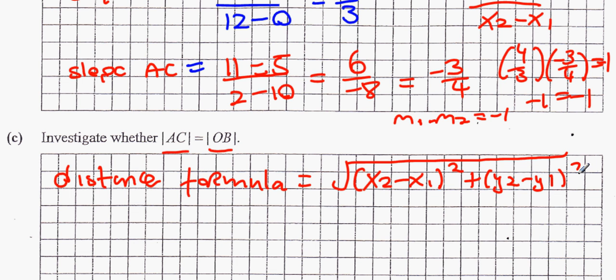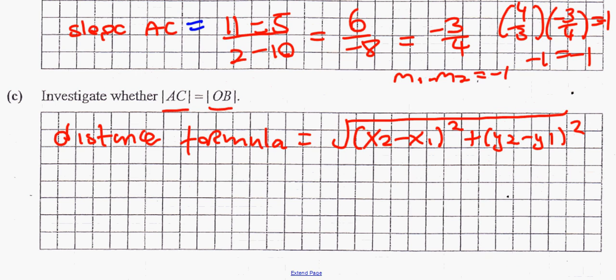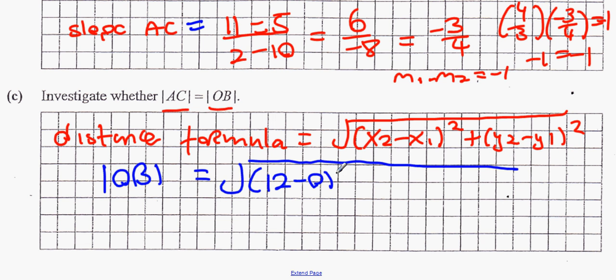We're going to go for OB first. The square root of x2 minus x1, which is 12 minus 0 squared, plus y2 minus y1, which is 16 minus 0 squared.